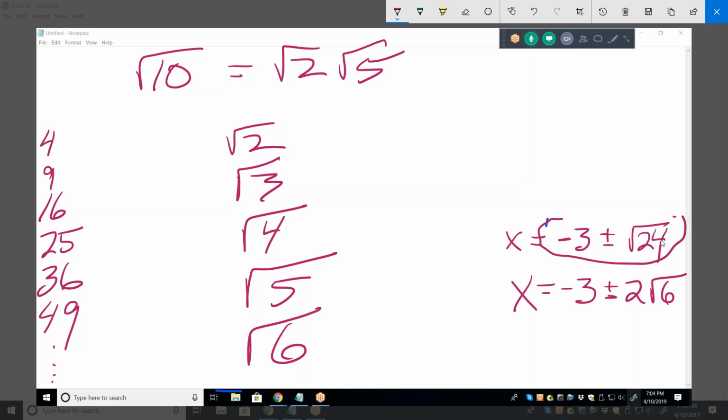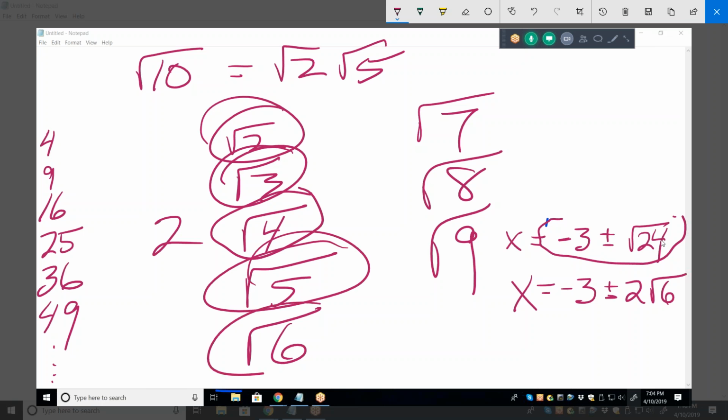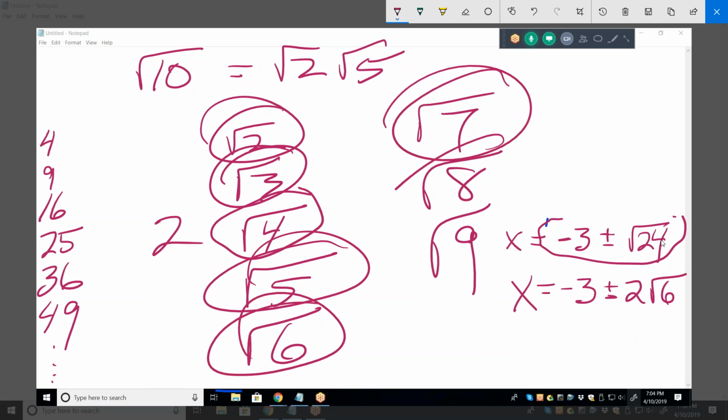Yeah, I understand your question. That's an irrational number. By irrational, I mean I cannot write it as a fraction. This is not. That's the number 2. This is irrational. That is irrational. That is irrational. That is irrational. This is not. That's the number 3.